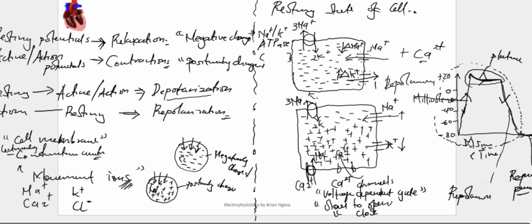So this is what you might end up with in a normal cell. Let's have our y-axis and extend our x-axis and let it continue. So you'll be having something like this in the cardiac cell, and then it will be ongoing.